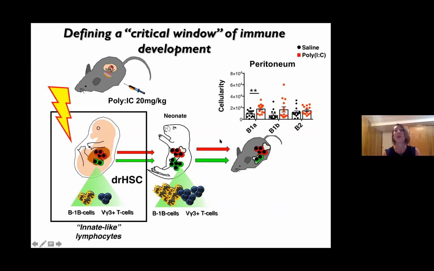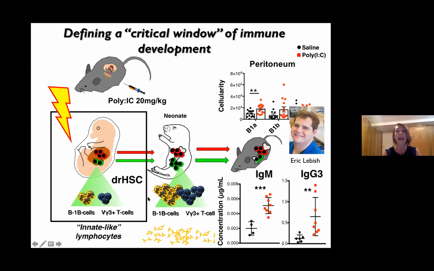Finally, we also showed that these innate-like lymphocytes coming off of our expanded DR-HSC population are not only expanded at the cellular level, but they are also hyperactive. So on a per cell basis, these B1B cells are pumping out more natural antibody, including IgM and IgG3. And this is work done by a former tech of mine, Eric Liebisch.